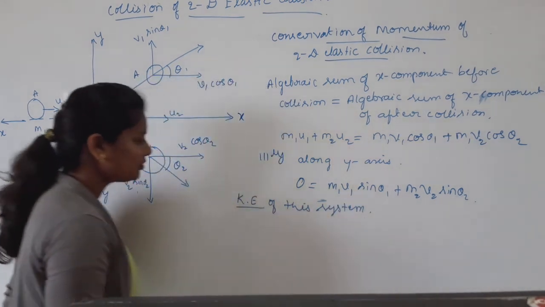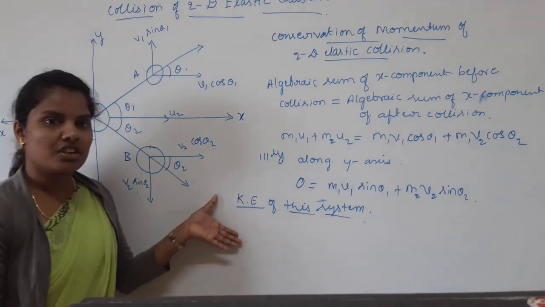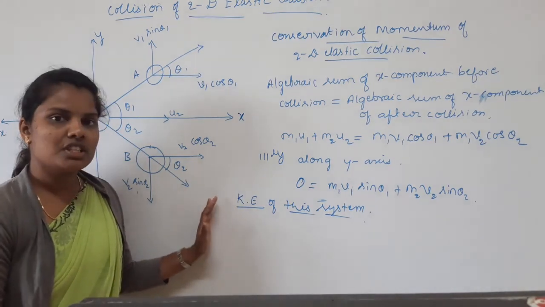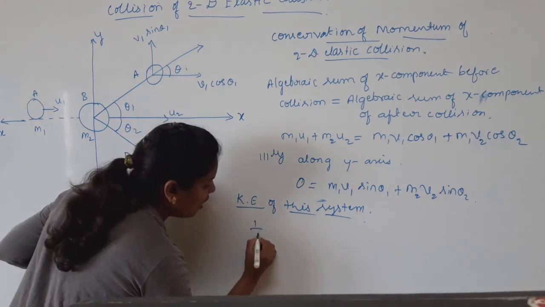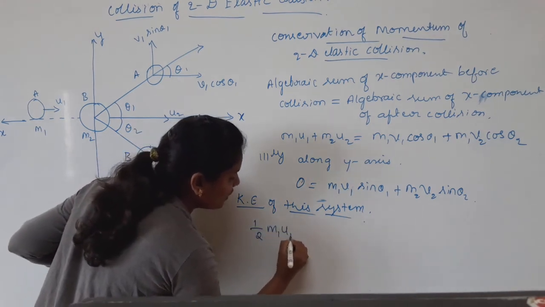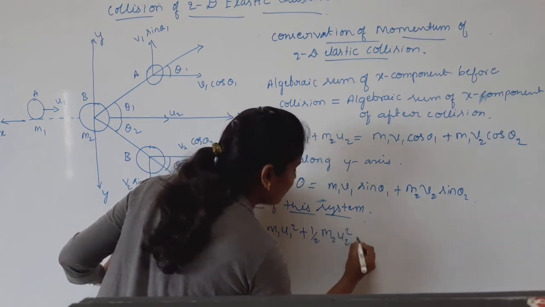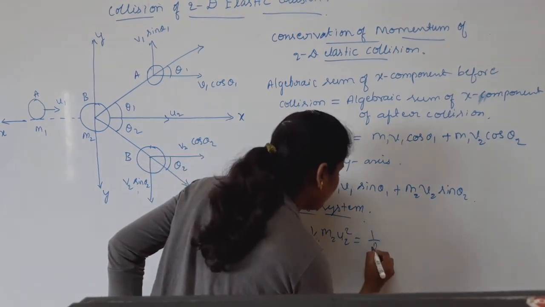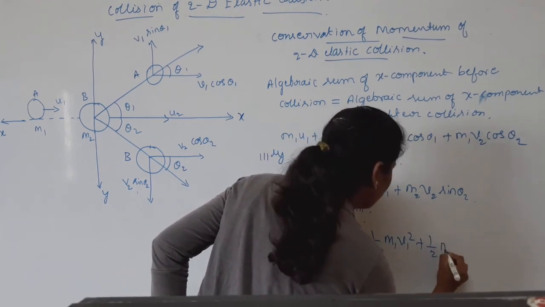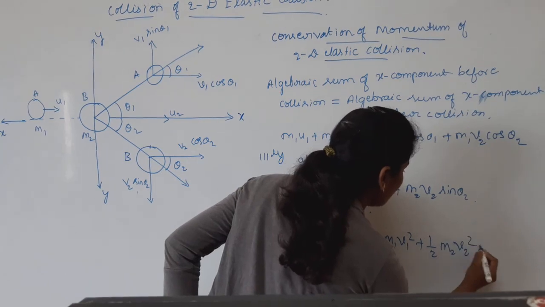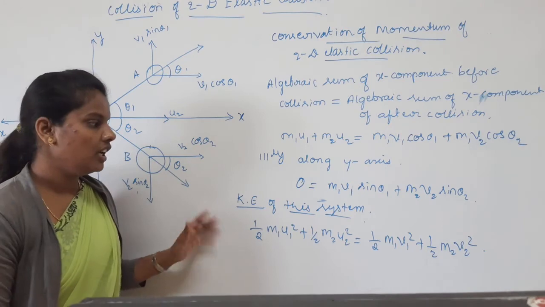According to the law of conservation of kinetic energy, the kinetic energy of the system before collision is equal to that after collision, that is, 1 by 2 m1 u1 square plus 1 by 2 m2 u2 square is equal to 1 by 2 m1 v1 square plus 1 by 2 m2 v2 square. So this is the expression for kinetic energy.